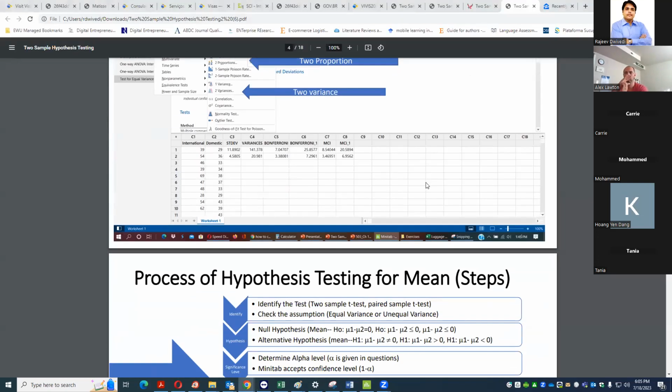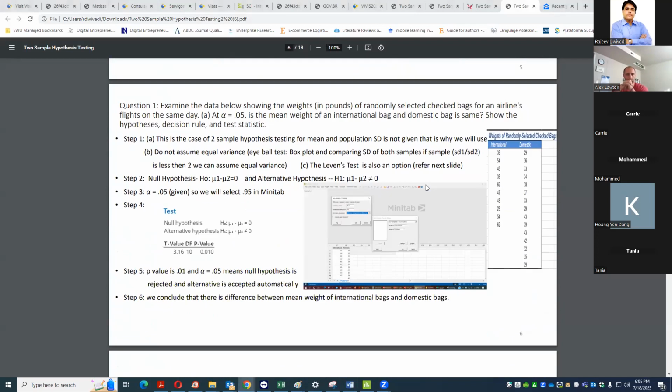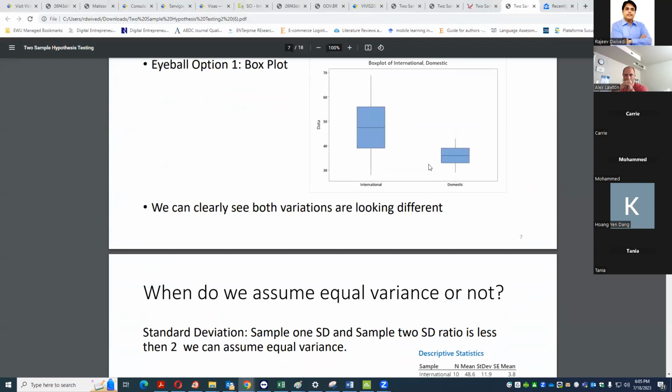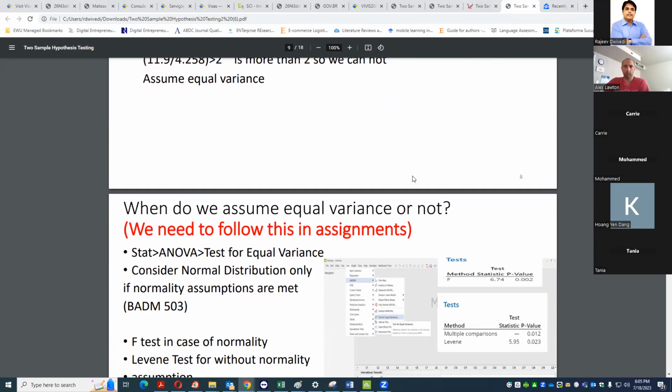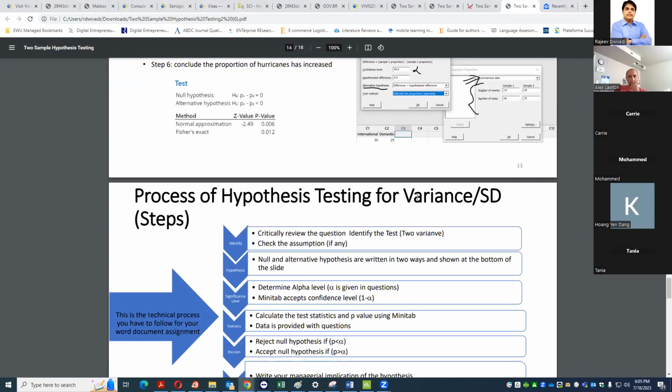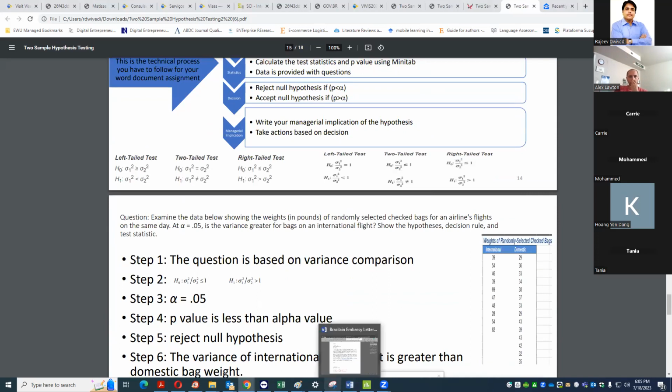When you follow these slides, you will understand everything systematically. Now, what if you have more than two samples? Let's say you are going to compare Seattle, Spokane, and Portland. How will you see whether they are equal? Then we check ANOVA.